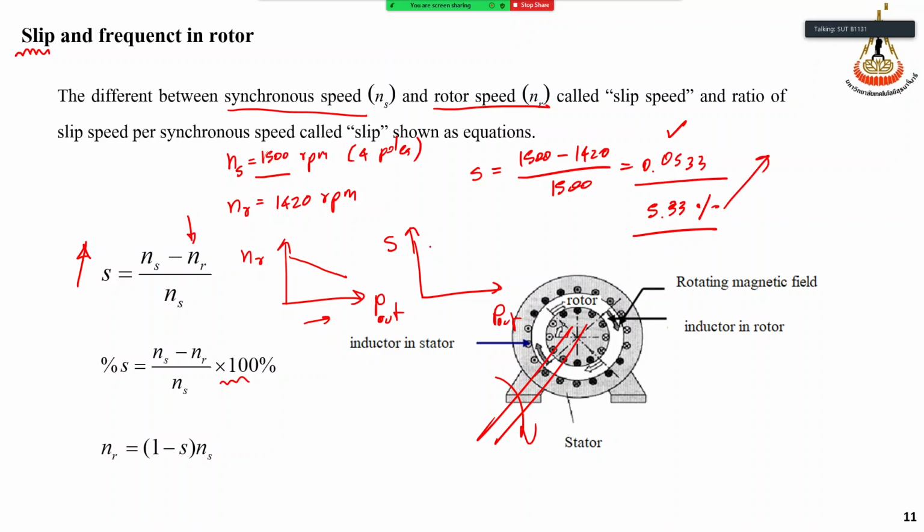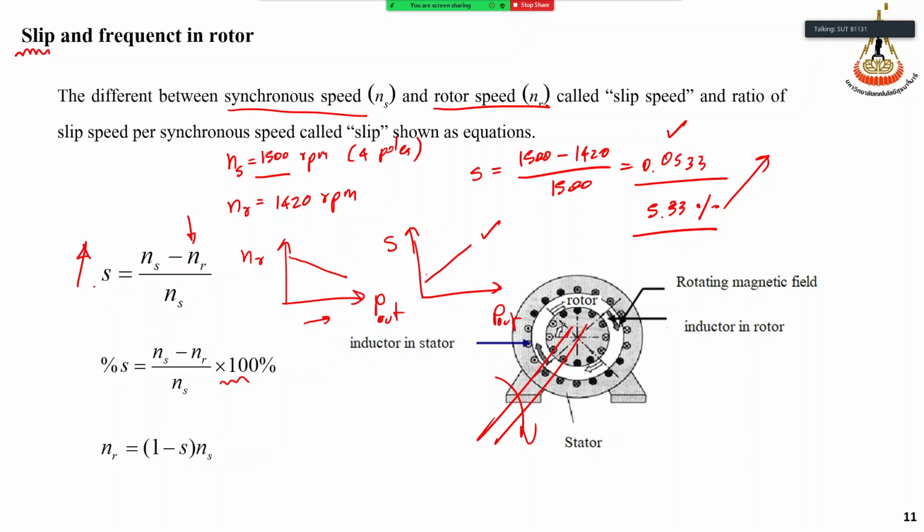It means the difference from synchronous speed is increased. Slip will be increased like this here. So slip can represent the motor condition, right? If we measure the motor at higher slip, it means it's operating in a higher loading condition, right?